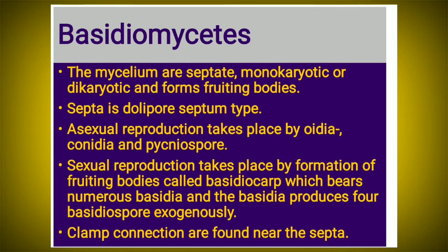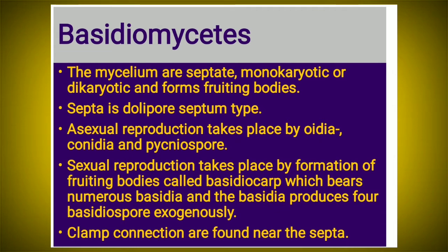The mycelia are septate, that means they have septa in between the filamentous structures, and can be monokaryotic or dikaryotic. Monokaryotic means it contains only one nucleus, and dikaryotic means it contains two nuclei of different genetic constitution. And as said, they form fruiting bodies.